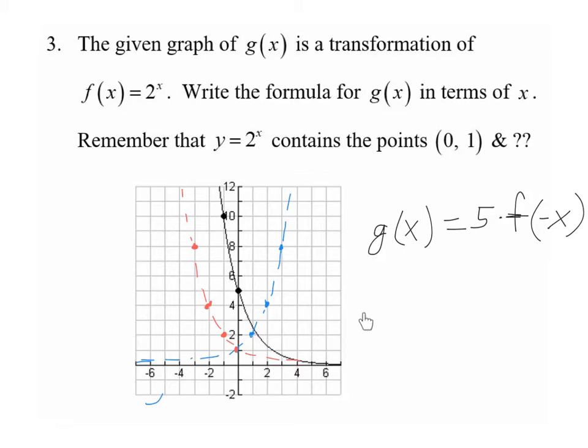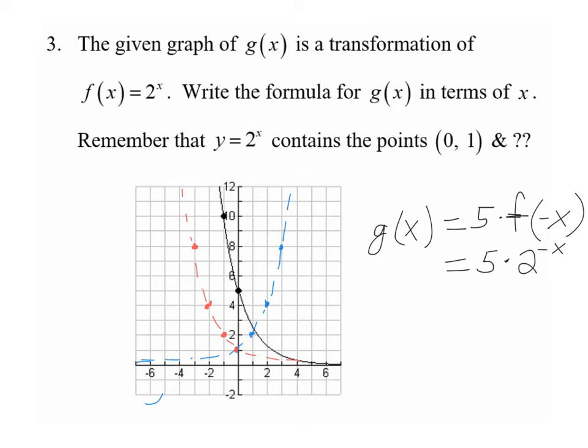All right, so what would that formula be in terms of x? Using the fact that f of x, the original function, the blue function, was 2 to the x. So hopefully you've already written this, but I'll write it now. There we go. We've got our formula here, 5 times 2 to the negative x, all right?